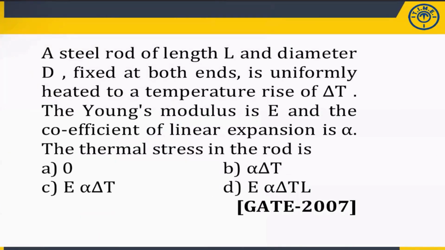Okay. Same question, I have discussed more than 3 to 4 times, so I don't want to invest more time on this. Simple question. A steel rod of diameter D is fixed at both the ends. When you are increasing the temperature by delta T, Young's modulus is given, coefficient of expansion is given, thermal stress. What is the thermal stress formula? You already know. Can you tell me which option will be the correct? I have discussed the numerical problem and theoretical problem also.